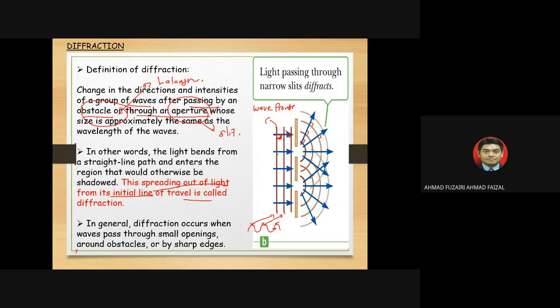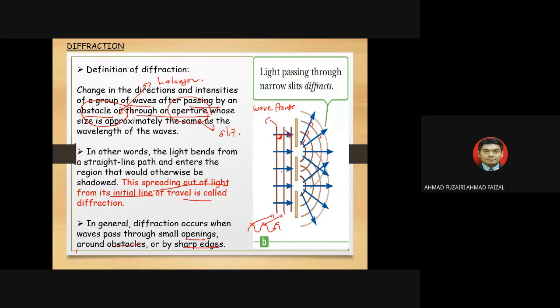You can see that before the slit, the wave travels horizontally, and after the slit, the wave travels in every possible direction, because it is spread out due to the slit. In general, diffraction occurs when waves pass through small openings, obstacles, or by sharp edges.